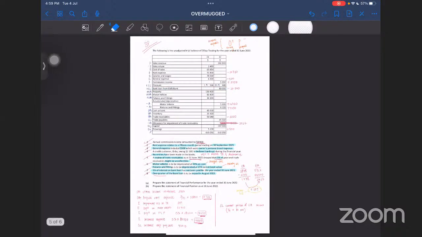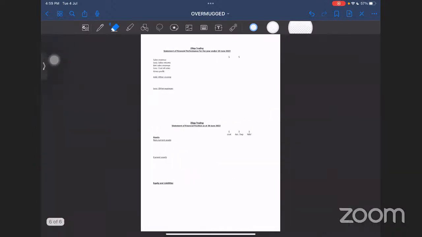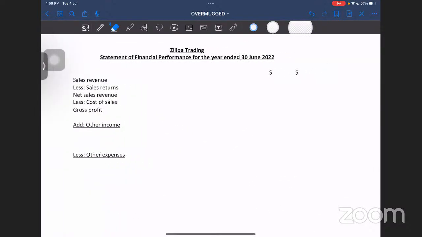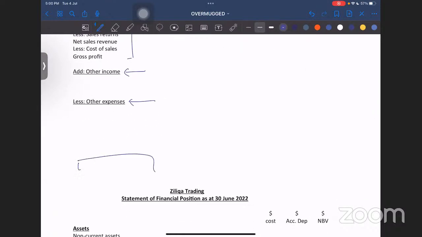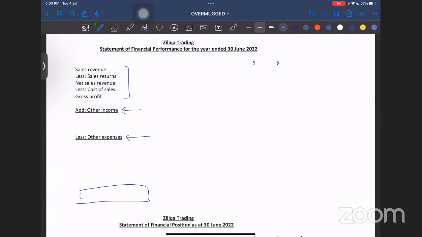Okay, so now we can prepare the statement of financial performance and position. For performance, the format, you just need to know it. By now you should be familiar with the format. Here you will have your trading portion, and then you will have your other income less your other expenses, and then you will calculate your profit and loss at the end of the year. So this is the format. You just need to know it by heart.